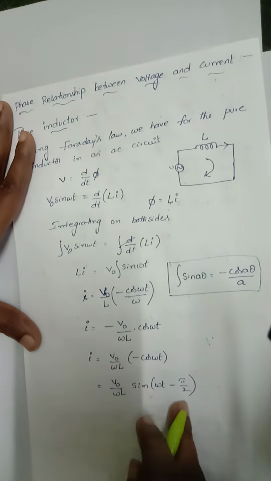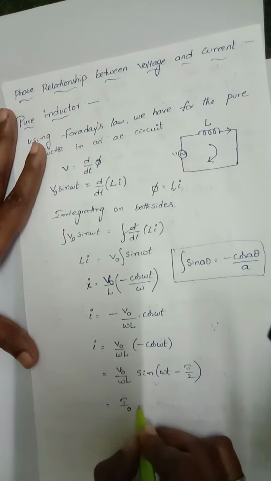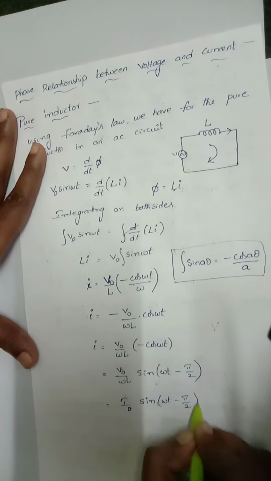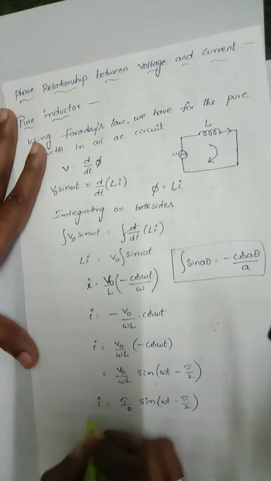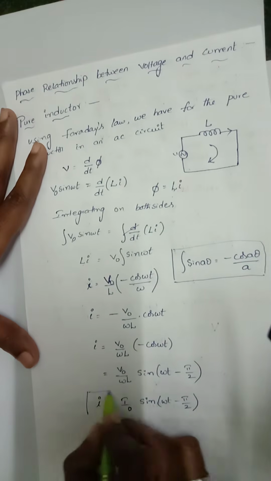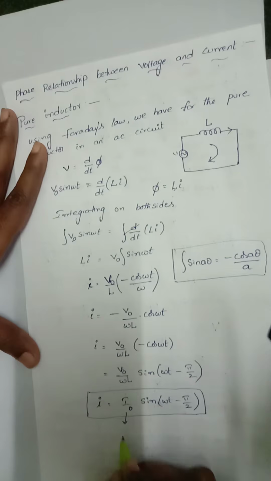We consider V naught by omega L as I naught, so I is equal to I naught sin of omega t minus pi by 2. This is the I, where I naught means maximum current.